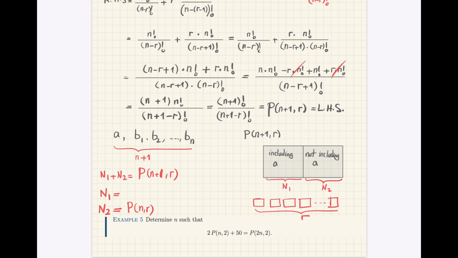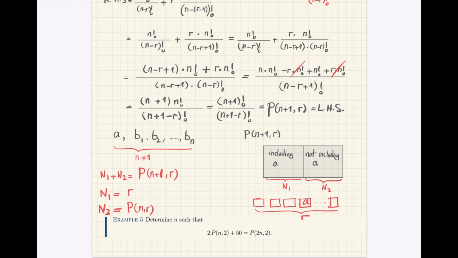So what would be your strategy to solve this problem? Since we want to include A, one position must already be filled by A. Exactly. How many options are available for A? R. And then after A is settled, say for example A is here, I need to put the rest of it.